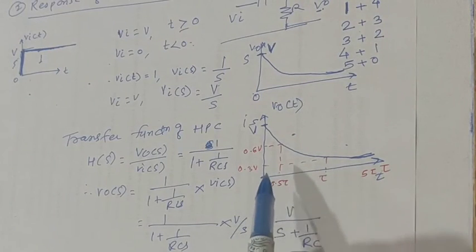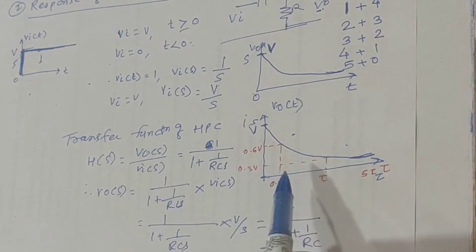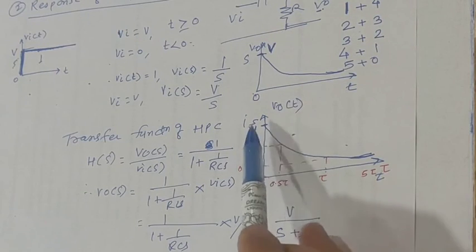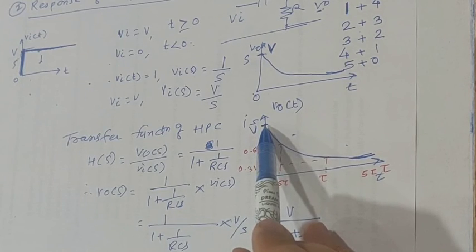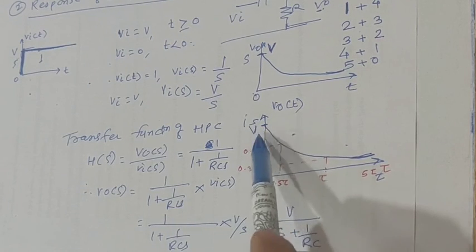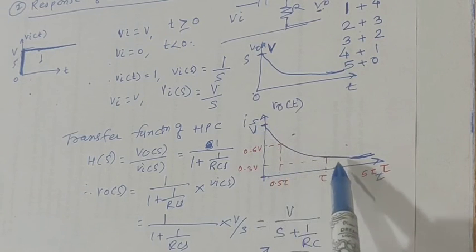Now, what is the meaning of this graph? I want to tell you. See here, the graph shows that at the start the whole input will be across the output, because the capacitance will not be charging or discharging quickly. As soon as the capacitor starts charging, the output is going to decay.